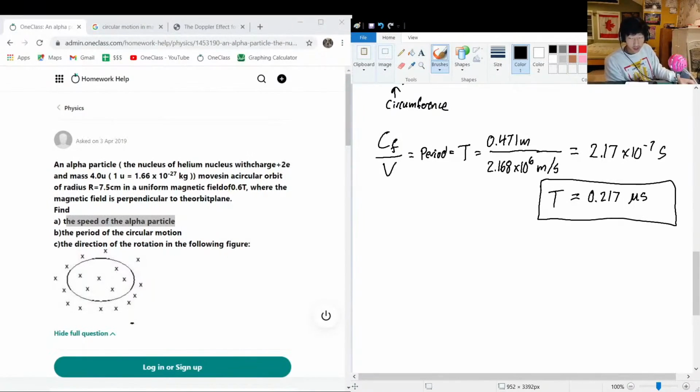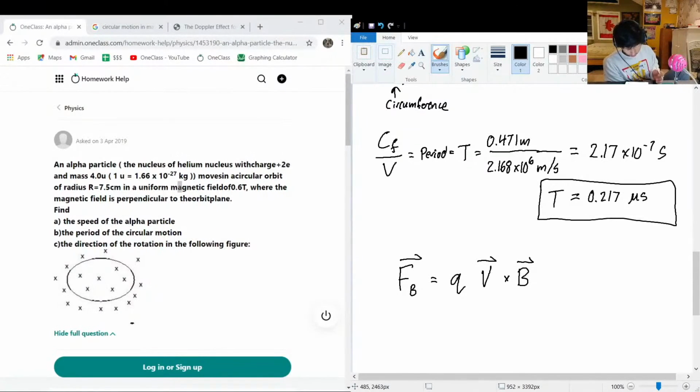Cool. So the last question is asking us, given the direction of the rotation, to find the direction at which the positively charged particle is going to be moving in this loop. Basically, is it clockwise or counterclockwise? Remember how our magnetic force, F_B, is equal to Q times velocity cross the magnetic field.